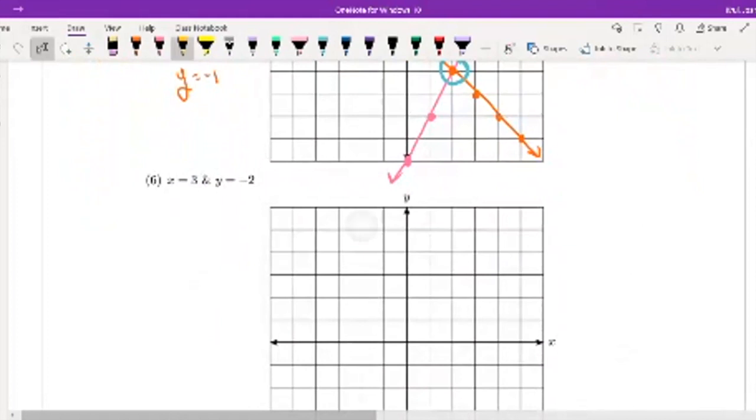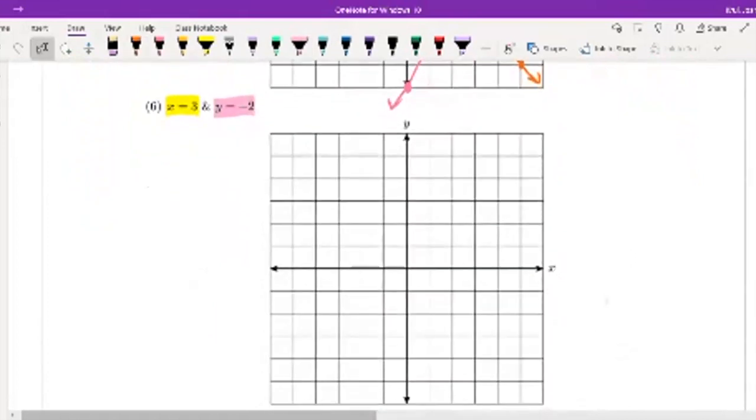Okay. We have 2 lines where one's horizontal and one's vertical. So it's important to graph them, but you're going to see that it's very obvious what the answer to this one is. If x is equal to 3, that is every single time we have x is 3, y can be anything along that line.